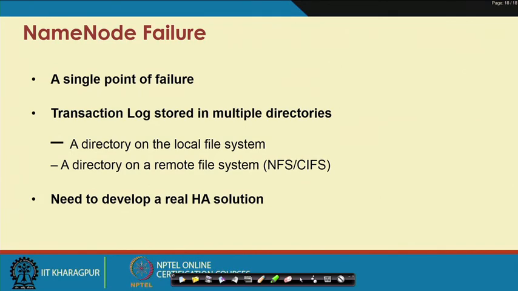Typically the replication factor is 3. So, unless all 3 data nodes on which a particular block exists fail at the same time, which is highly unlikely, one can always access a block. But if the name node fails, then it is a single point of failure. The only way at that point in time is to switch to a secondary name node.